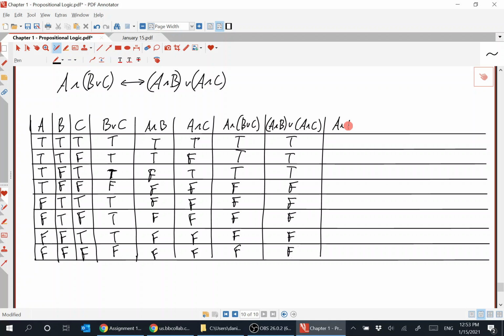So the final column for logical equivalence is going to give us all true, because they always have the same logical value. Okay, so that's a tautology, the distributive tautology, this version of it, A and B or C. There's also the A or B and C, but very similar.